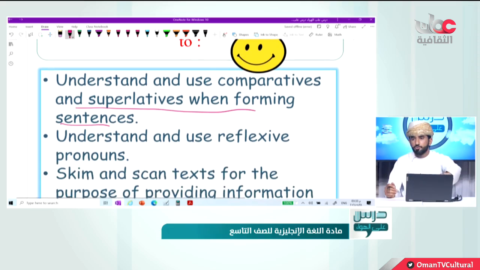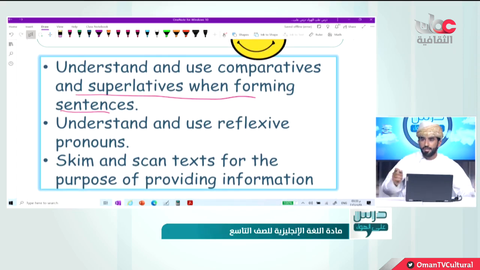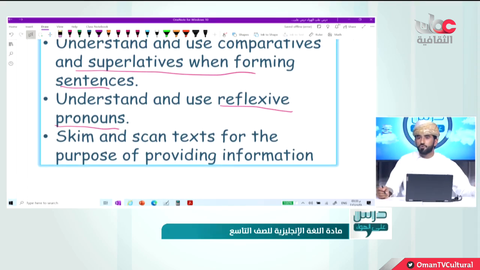The second objective that I'd like to share with you today: understand and use reflexive pronouns. This one is new, and it's a part of your course. You have to really understand it and know how to use it. And also, we're going to skim and scan text for the purpose of providing information.